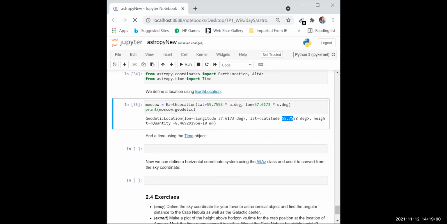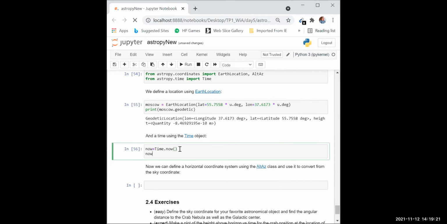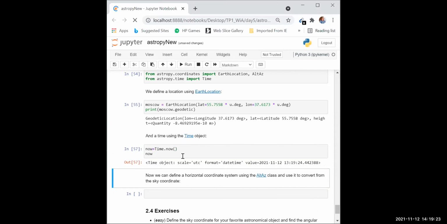Okay, and now if you say, what is the time now? So this time we have imported, and we say time now. And if you want to see what the time is, I'll print this now here. And it's giving you the time object.